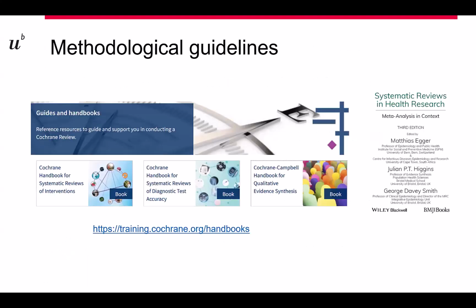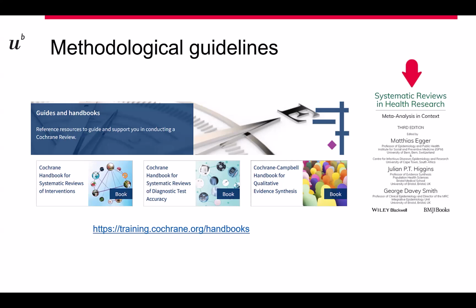Regarding methodological guidelines, you have here Cochrane. It is an organization that provides a lot of guidance in the performance of systematic reviews. As I mentioned recently, they also have guidance on systematic reviews for qualitative evidence synthesis, but it's not the only source. We have also books.